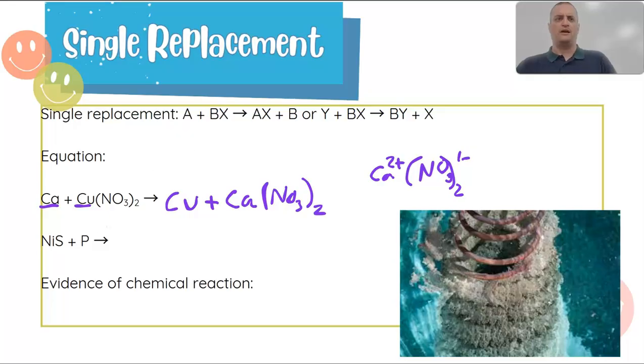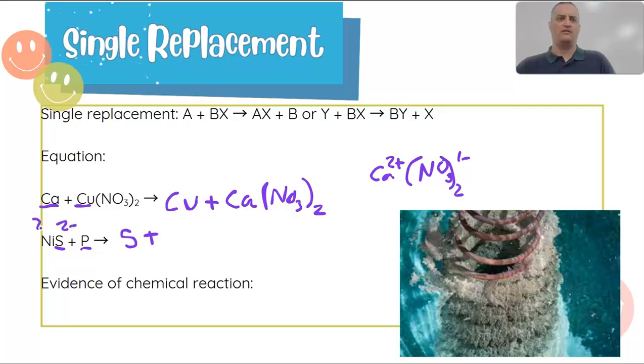All right. Now we come down to here, we have an ionic compound, and we have this being a nonmetal. So that's going to replace the nonmetal here. So I know sulfur will be kicked out all by itself. And then we need to see what happens with nickel and phosphorus. Now nickel is one of our transition metals that does not have a unique charge, so we need to determine what the charge is. Sulfur is 2 minus.